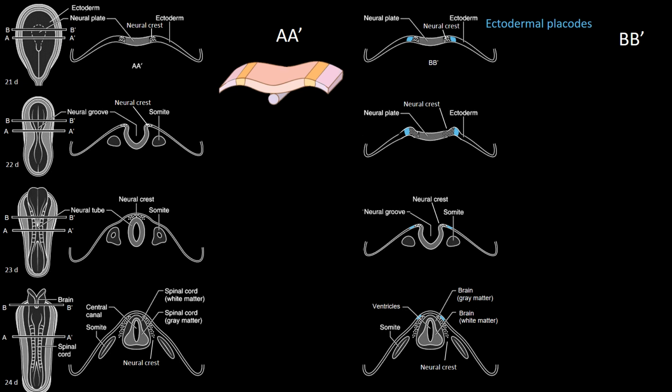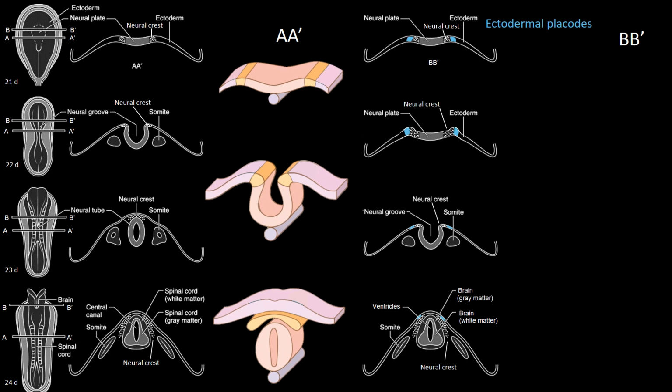The orange bands represent the neural crest. Between them is the neural plate, and lateral to them is the ectoderm. The cylinder represents the notochord. Here by 23 days and here by 24 days.